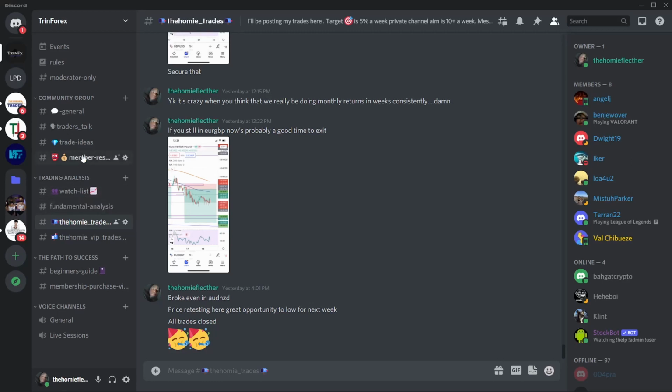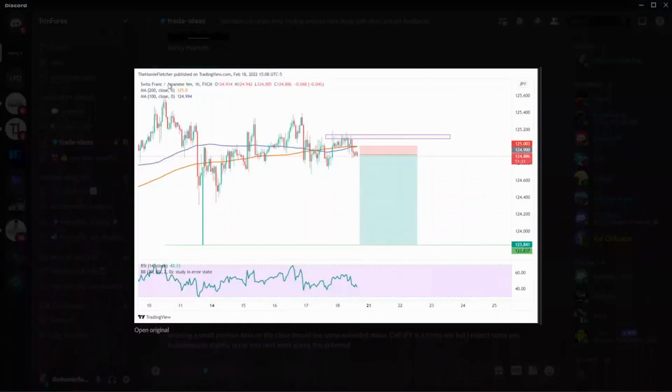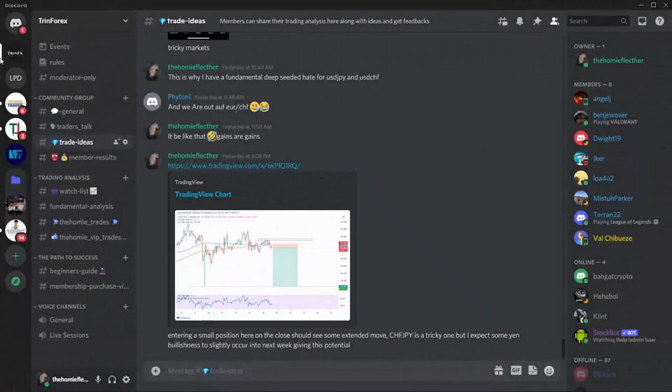And yeah, trade ideas as well. This is where I sent the CHF JPY trade, as you can see right here, entry point and everything, and price just went all the way down, looking for that continuation to go all the way back down, taking it for sort of a correction, right?